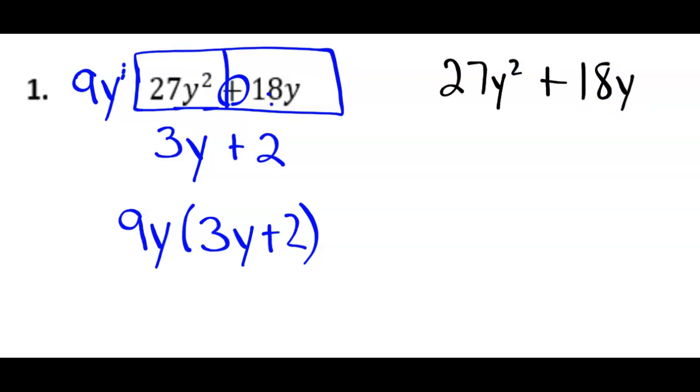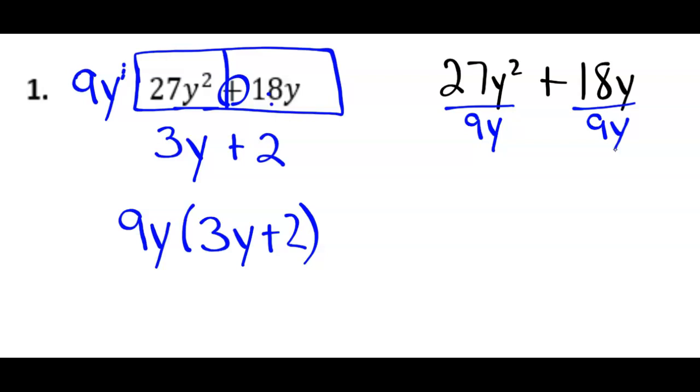So now, if again, I take my 9y, and I divide this by 9y, and I divide this by 9y, I can do it in this method also. Again, this box method is going to come back later in the chapter, and so I really want you to be comfortable with that. But many students do better with this method, with this topic.